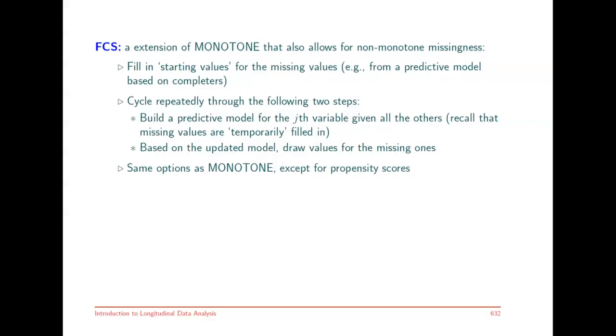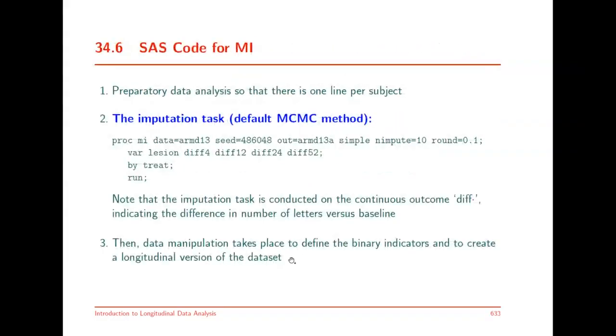You build a model for the second outcome given the first, the third outcome given the first and the second, the fourth given the first, the second, and the third, etc. This has the advantage that it's simpler in case the different outcomes are of different types. Because you model every outcome separately given the others, you can use the proper model, Poisson for counts, logistic regression for binary, etc. And it works for non-monotone missingness as well.